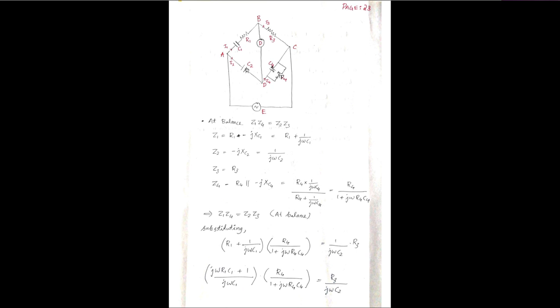Here you can see the source is applied across junctions A and C, and across junctions B and D the deflection meter is placed. A capacitor C2 is placed here, across BC a resistance R3 is placed, and here a capacitor and a resistor are placed in parallel.